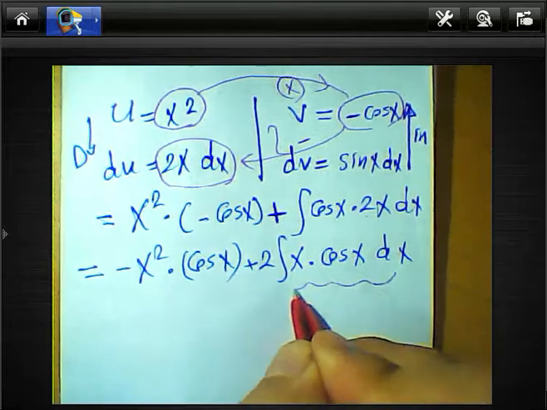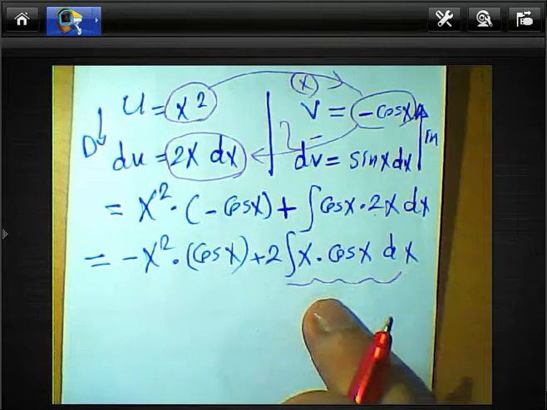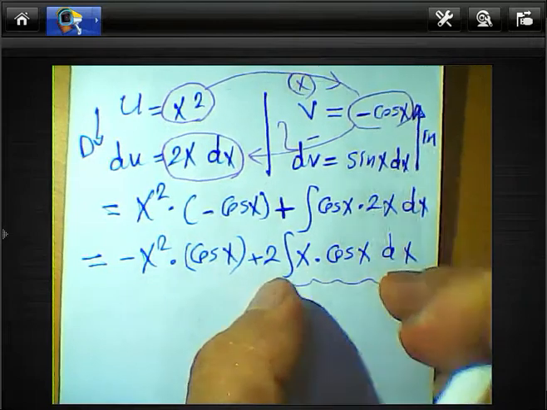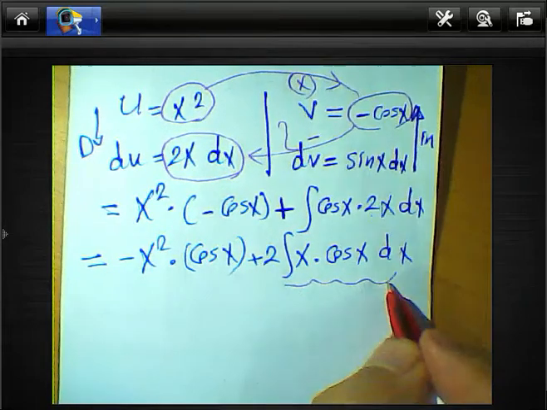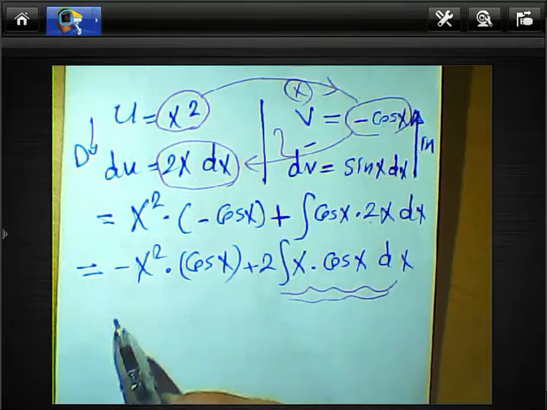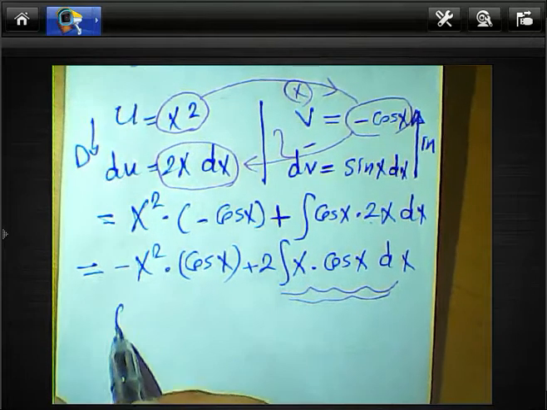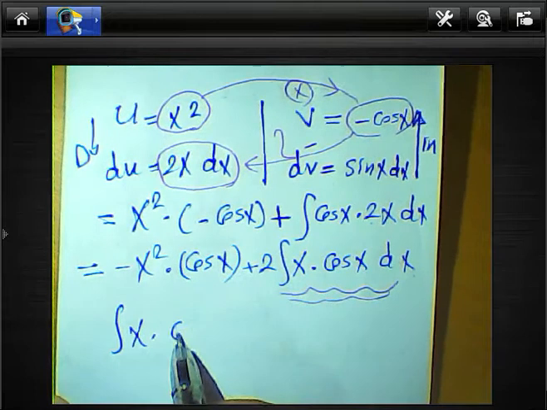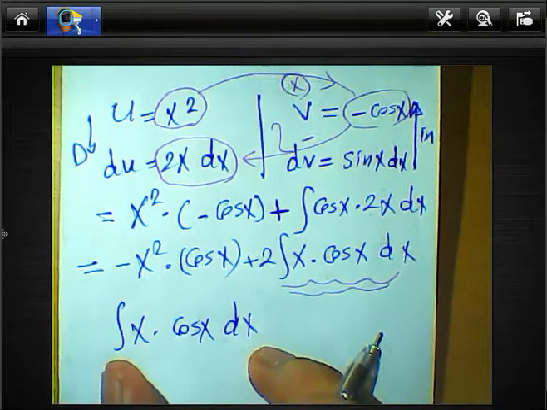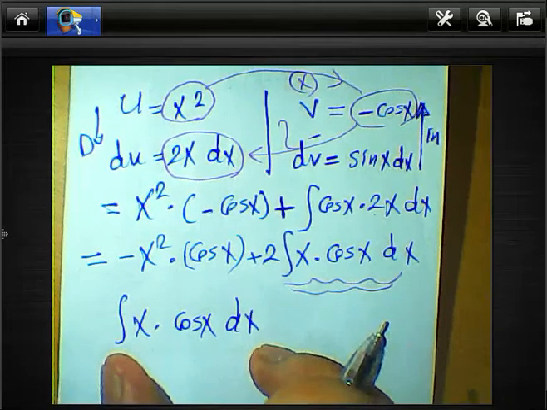So this integration we can solve it here and find the result in this term. Okay, I will solve it outside here and write the result again. I will complete it here, such that we want to find the integral of x multiplied by cosine x dx. We want to find the integral of this expression.